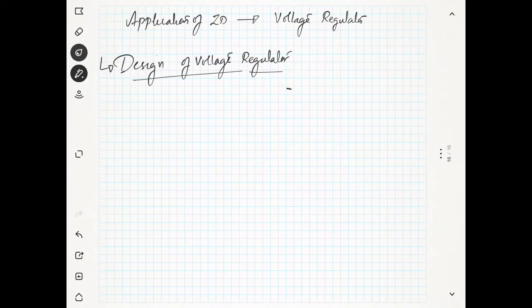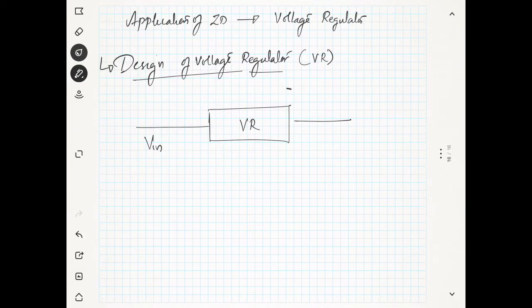Suppose you have a voltage regulator, and I will use the abbreviation VR. You have an input. This input may be the output from a rectifier after filtering. You have an AC signal, and you may use a full wave rectifier.